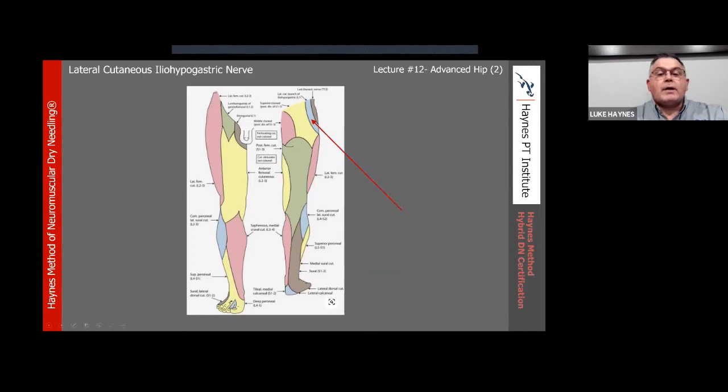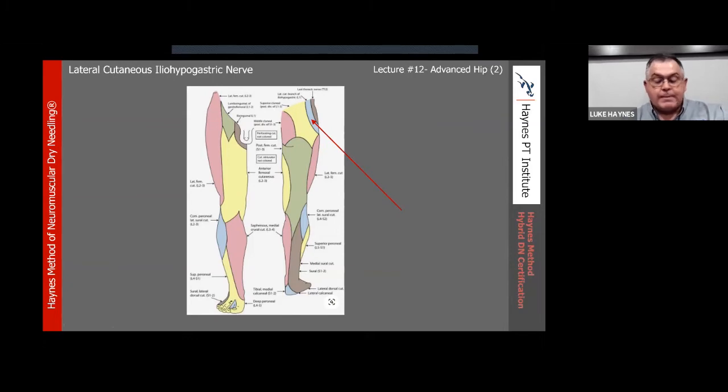So we pull out our peripheral nerve distribution, and the red arrow points on the posterior aspect where the lateral cutaneous iliohypogastric nerve provides sensory innervation. And why do we look at our nerve, our perineural locations? I'll just use an example from today.